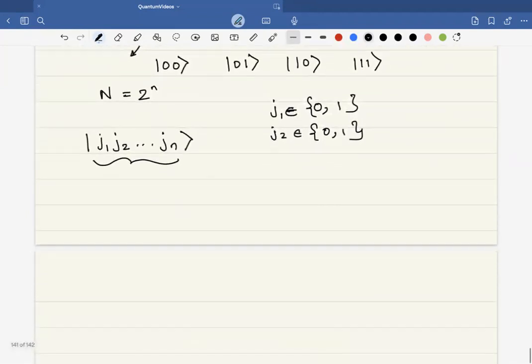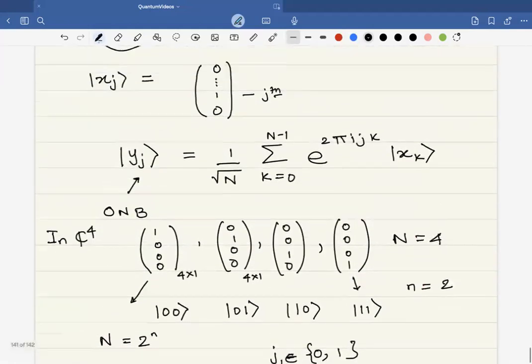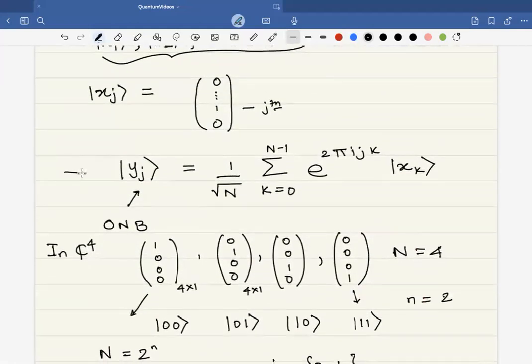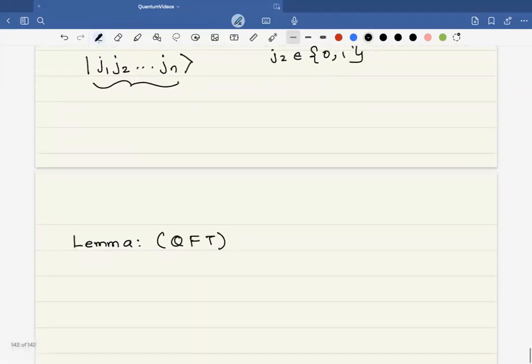I'll call it the QFT lemma, or quantum Fourier transform lemma. It says that this Fourier transform that I have defined over here, if I convert this into the qubit representation, then it works out like this. So the Fourier transform is just this basis that I just showed, in terms of qubits.